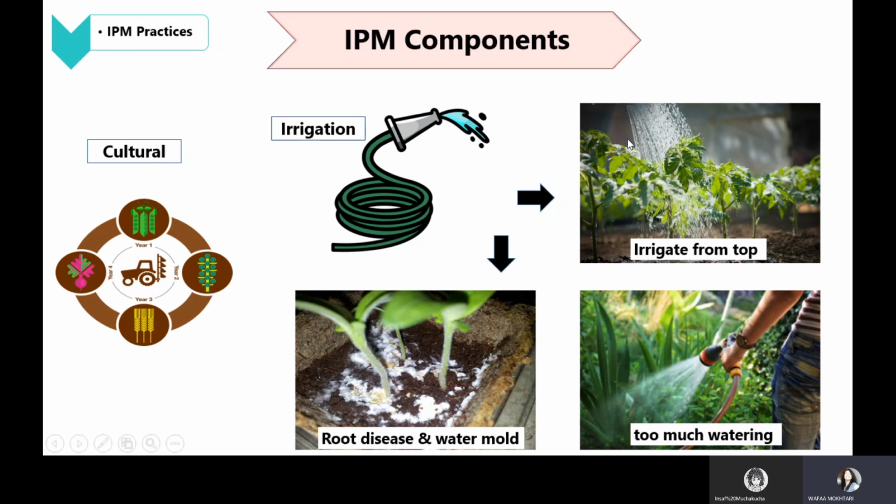It depends, because sometimes a plant needs to be watered from the top. However, most of the plants, if they are irrigated from the top, or they get too much watering, may have some root diseases and especially water mold.